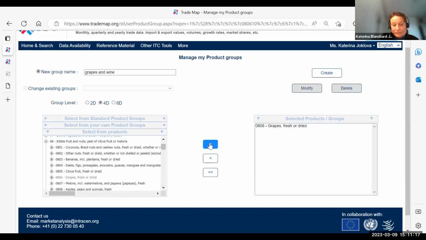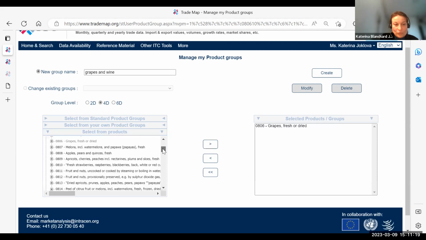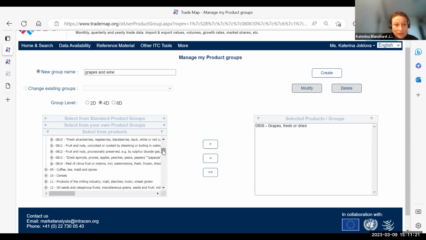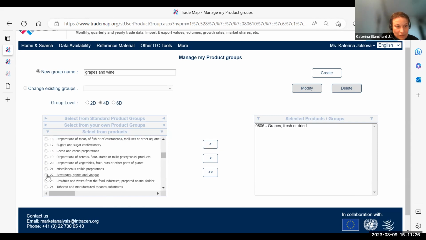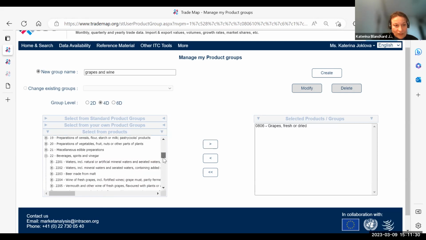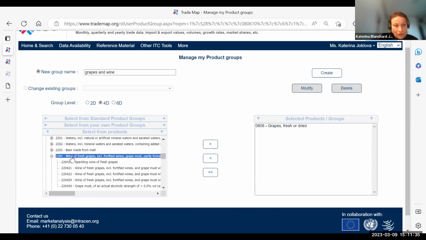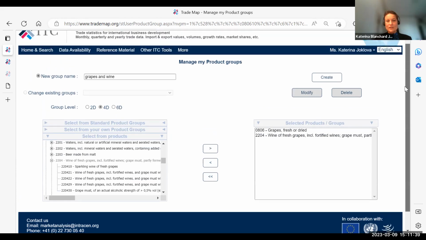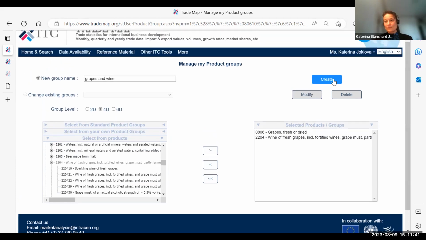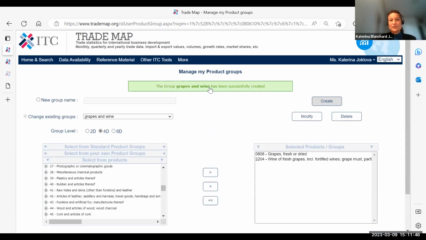We add it here. We select more groups, for example, for wine, beverages. Wine of fresh grapes here. Or we can add this here, and we create a group like this. Now the system tells us that this group has been successfully created.